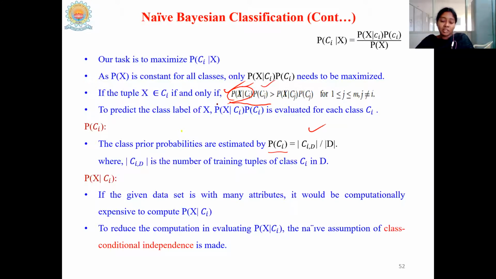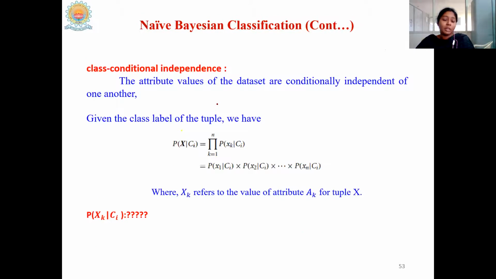For simplifying that calculation, what is the assumption of the Naïve Bayesian classifier? It assumes class conditional independence, which says that each attribute value is independent of the other attributes. So we can get it by simply taking the product of the posterior probabilities of all individual attribute values given the class Ci.